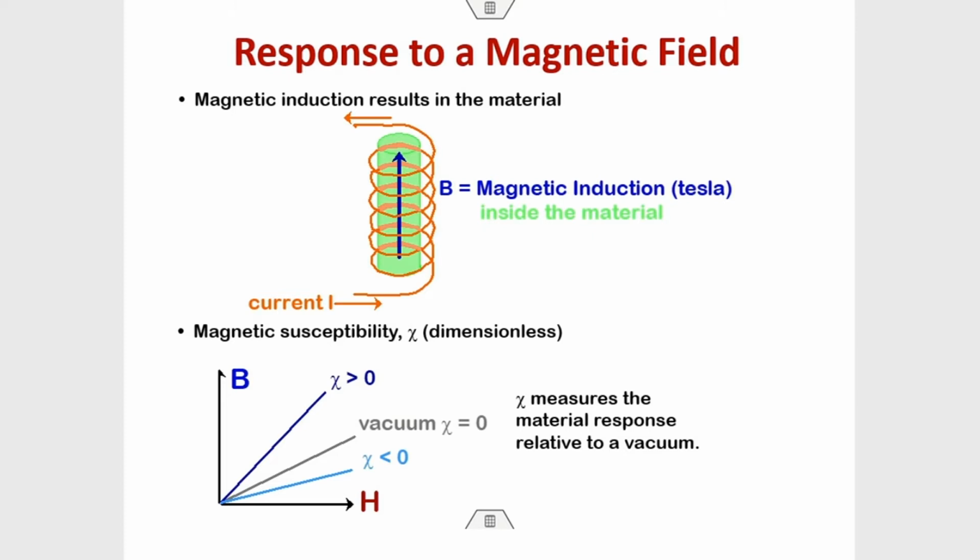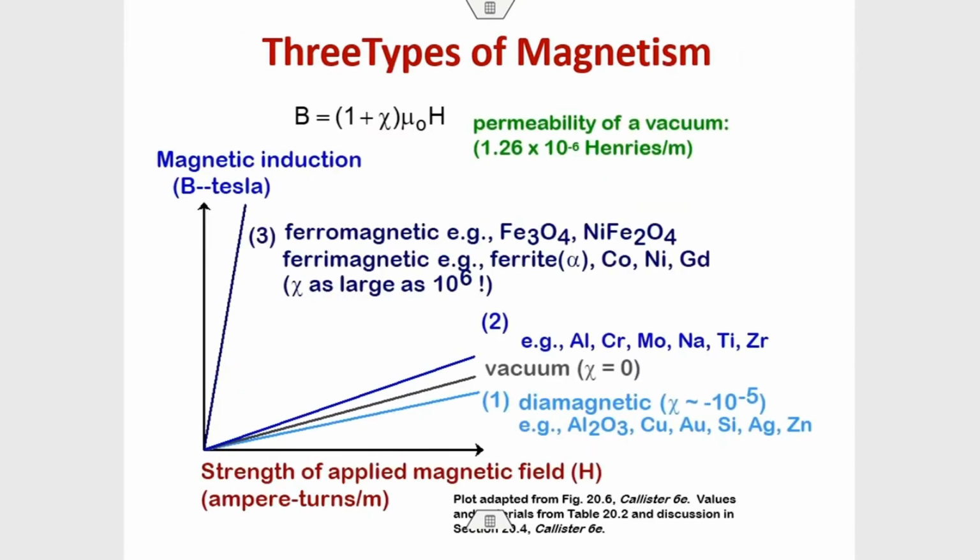So for greater than 0, that means the magnetic induction is very strong, like in ferromagnetic or ferrimagnetic materials. Less than 0, like in diamagnetic materials, the effect will be very weak, not seen much. So we can write an equation of induction in terms of the applied field and the permeability: B is equal to (1 plus chi) multiplied by mu 0 and H. Mu 0 is the permeability of the vacuum, that is nothing but 1.26 times 10 to the power minus 6 henries per meter.